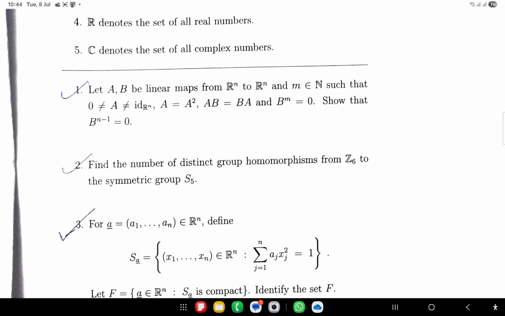So the first question here is saying A, B are two linear maps. I will recommend you to please take a screenshot and then follow along with the subsequent parts of the video. Otherwise you will forget what the question was and it will be difficult to follow along. So it is better to keep a screenshot.